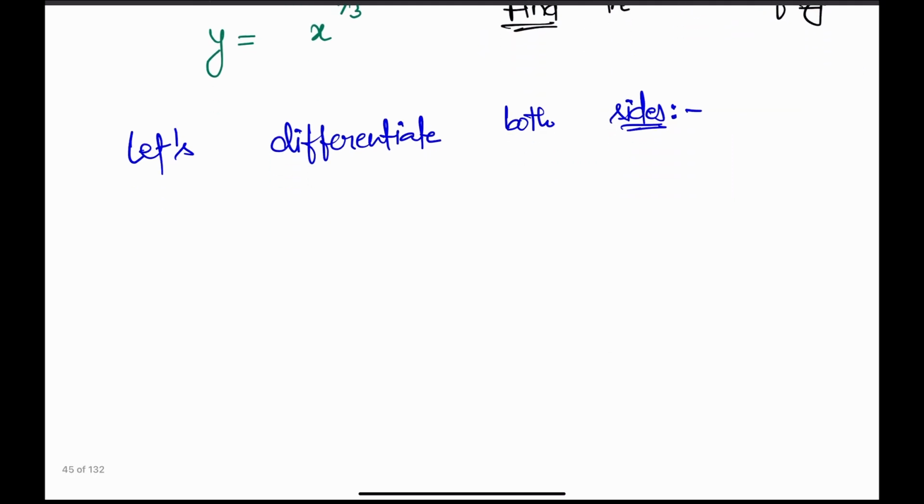So what will be the differentiation? dy by dx equal to d of x to the power 1 by 3 upon dx.